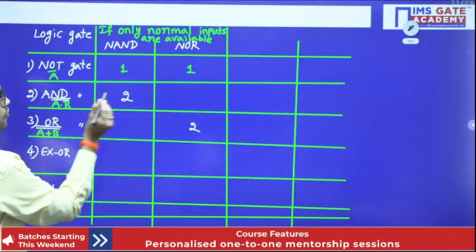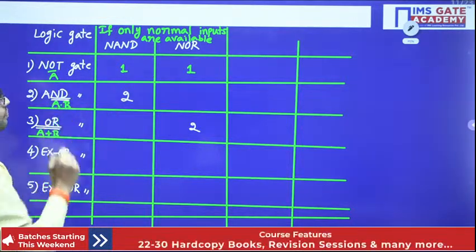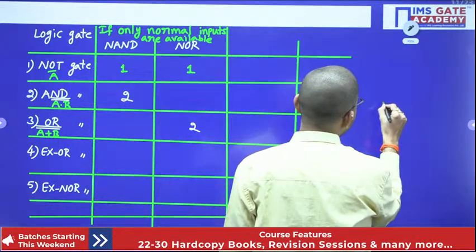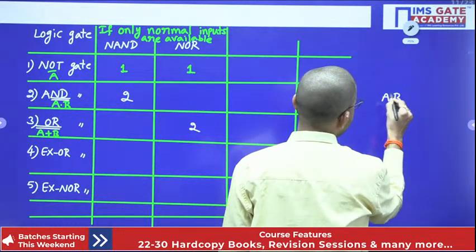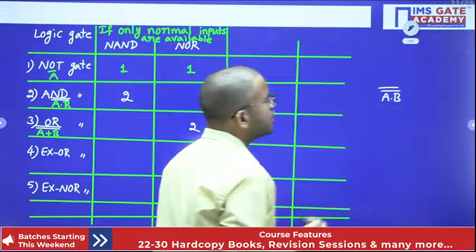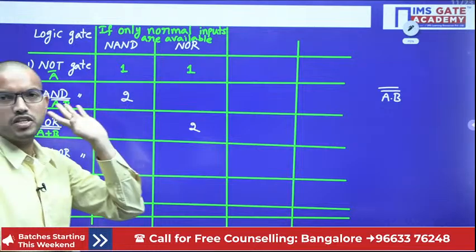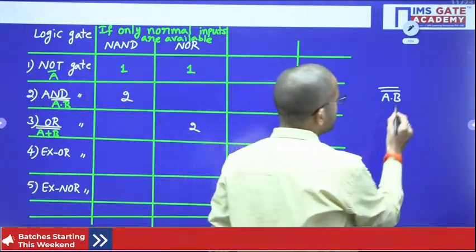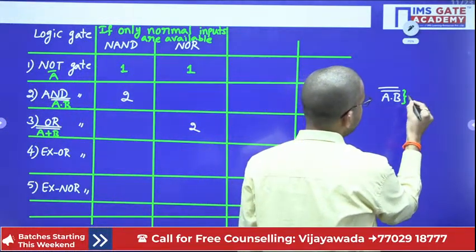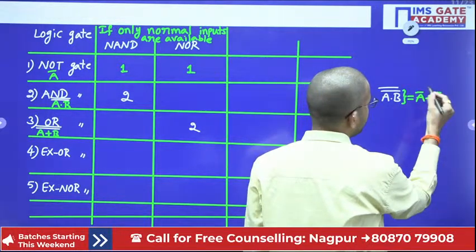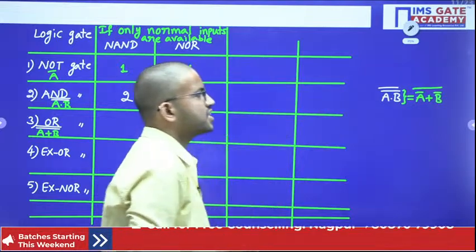Then if you want to implement the AND gate by using NOR, what can you do? Same procedure. You apply complement 2 times, but your requirement is to implement it using NOR, right? So you can apply De Morgan's law for the inner complement. So (AB) bar is nothing but A bar plus B bar, and keep the external complement as it is.